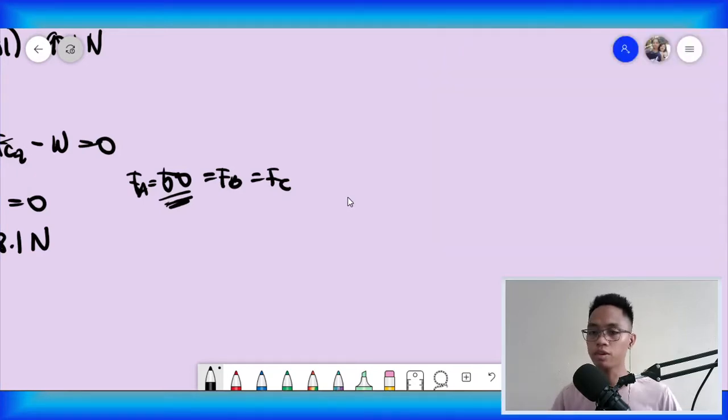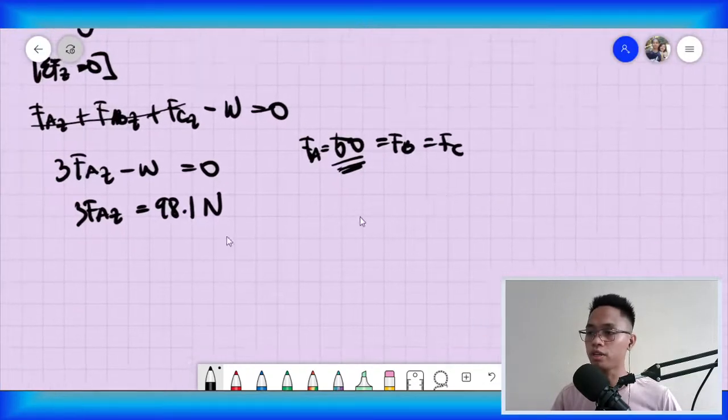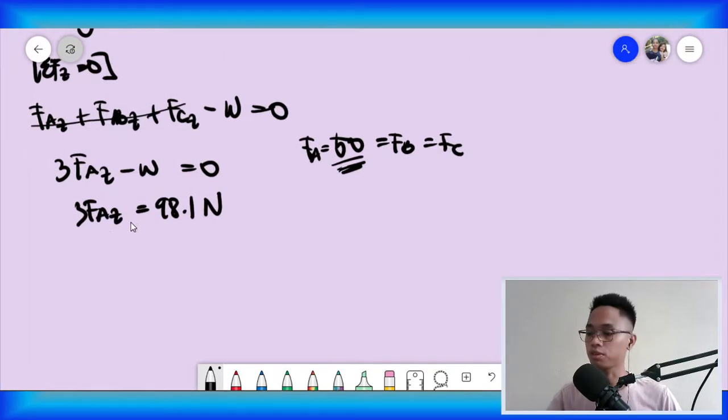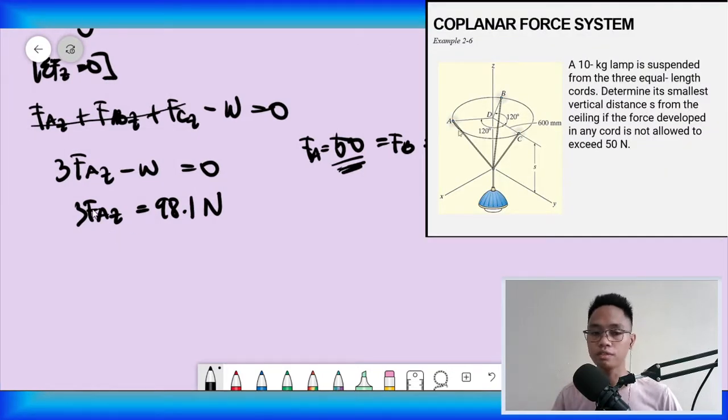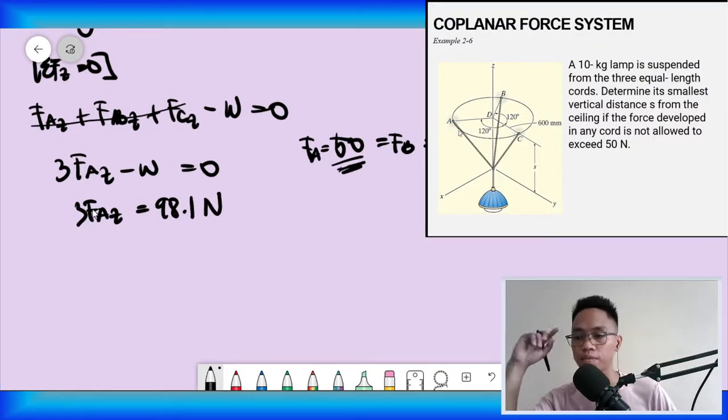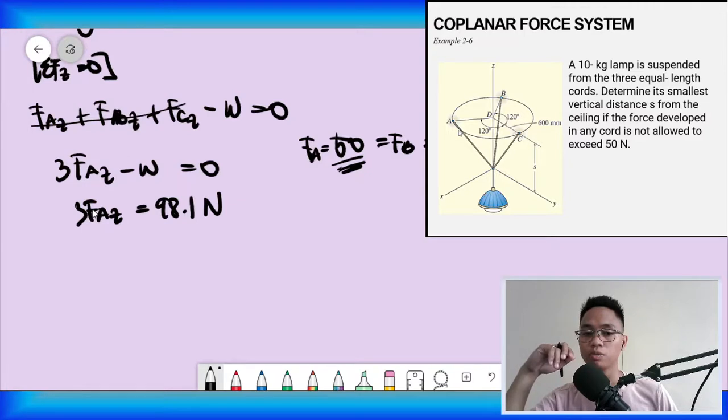So, how are we going to solve our z component? Based on the figure above, how can we express s in terms of the unknown?